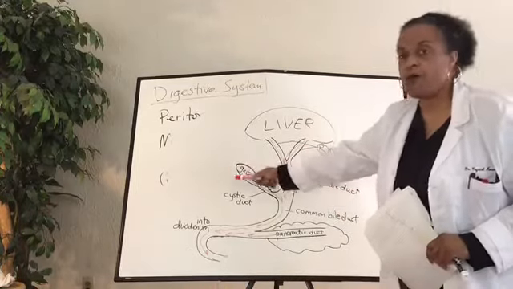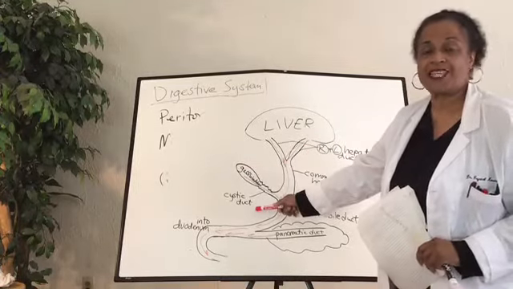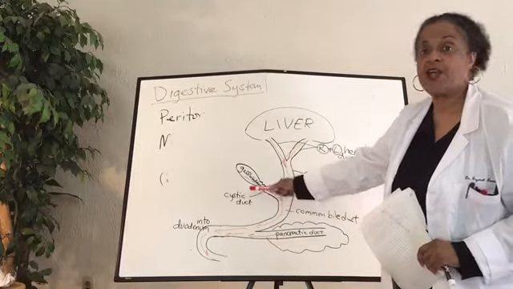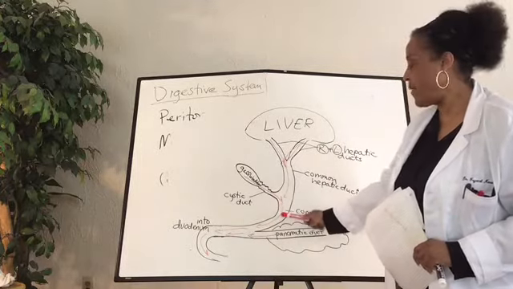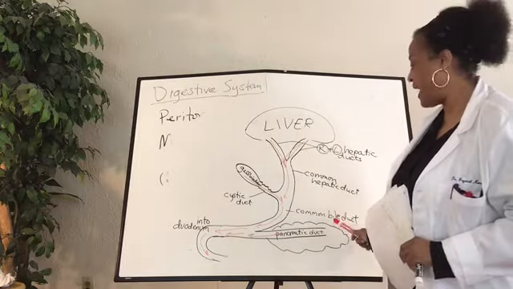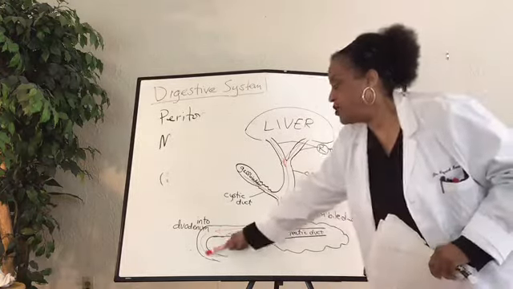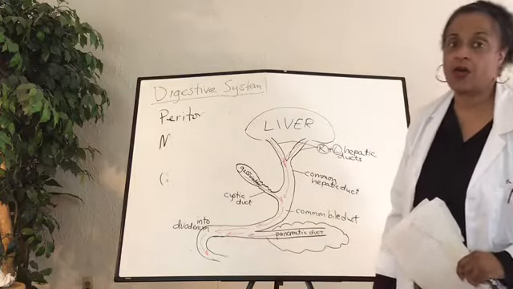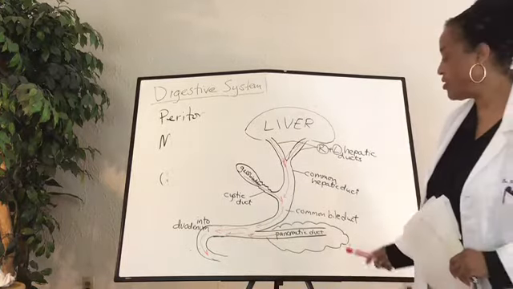Over here is the gallbladder, so we know that the duct attached to the gallbladder is the cystic duct. When the cystic duct and the common hepatic duct connect, they have something in common because bile is coming from there, and that's the common bile duct going into the duodenum. That is the goal, to get the bile going into the duodenum.